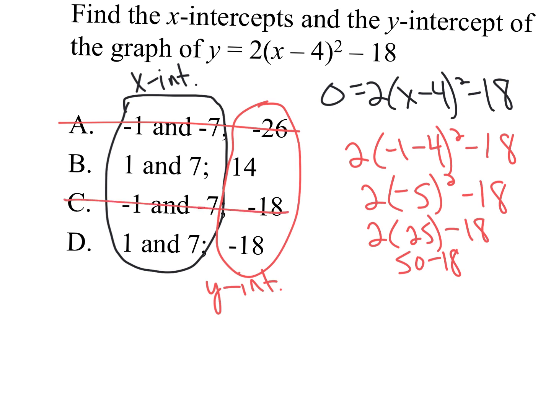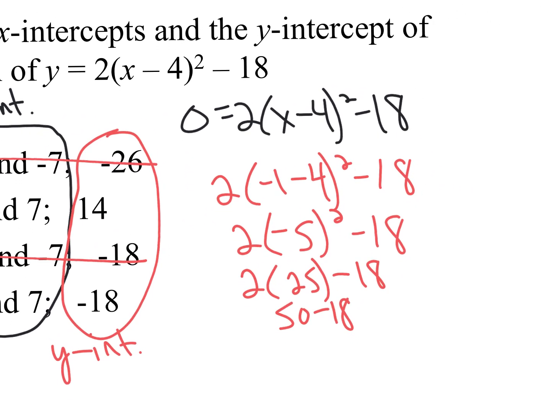If you'll notice, B and D both have the same x-intercepts, so it's really just now about the y-intercept, so we can go to that. The y-intercept would be if x is equal to 0. Well, if x is equal to 0, I would just put in a 0 for x and just work that out. There's only one way this can work.